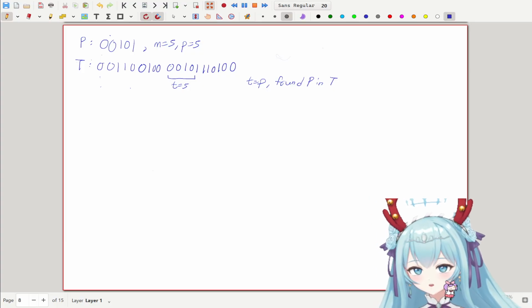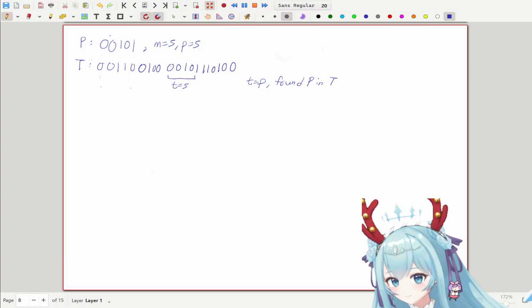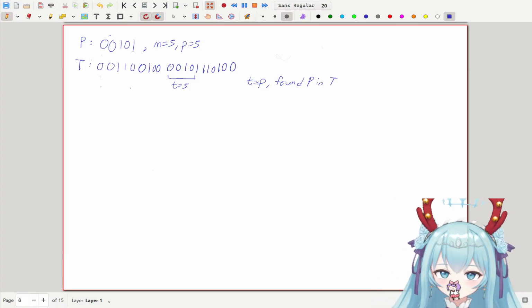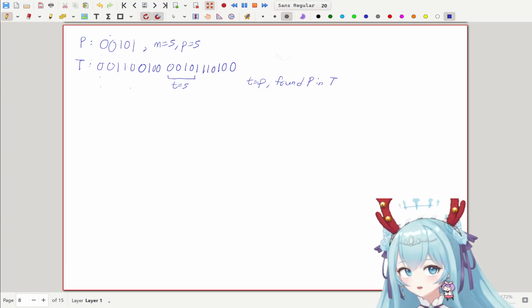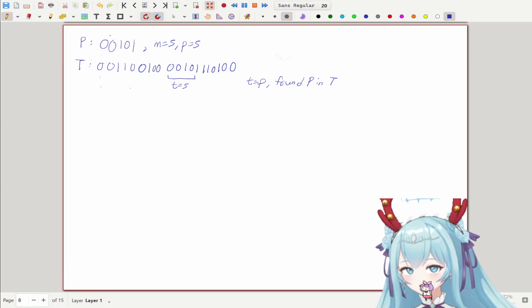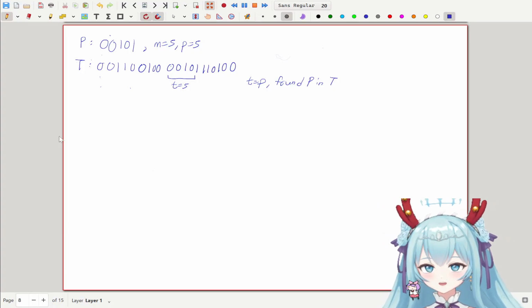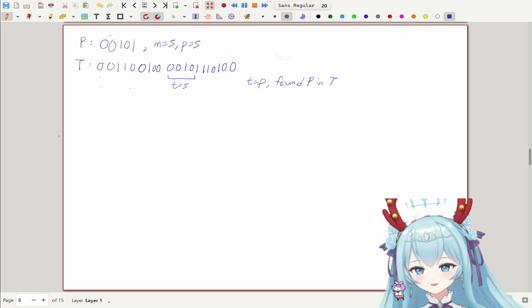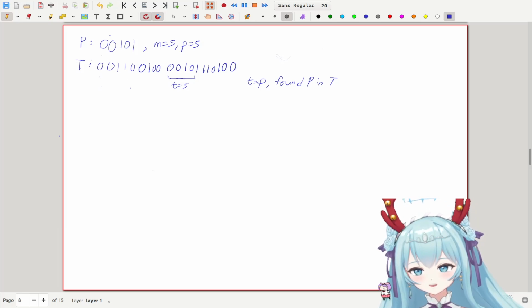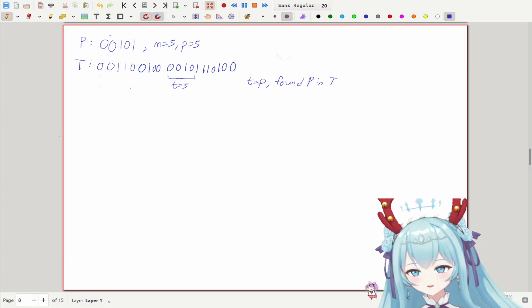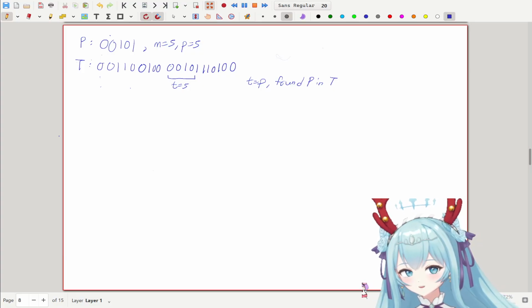Okay, so now you may be wondering, how exactly do we calculate the small p or the small t in the first place? In this case, it's very straightforward because it's like converting binary to decimal. But let's say, what if it's not in binary?